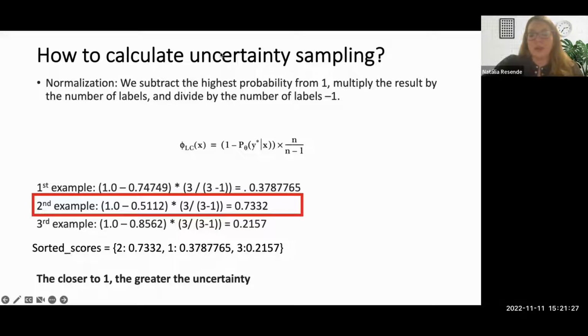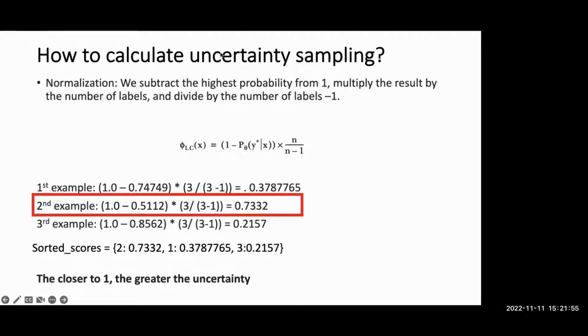If you select randomly from the pool, the probability of getting examples that do not contribute to the performance of the model is higher. So what we do here is select the instances that contribute to increasing the performance of the model faster. Did I answer your question? Yeah, it makes sense.